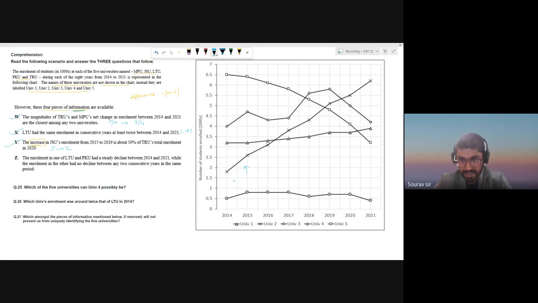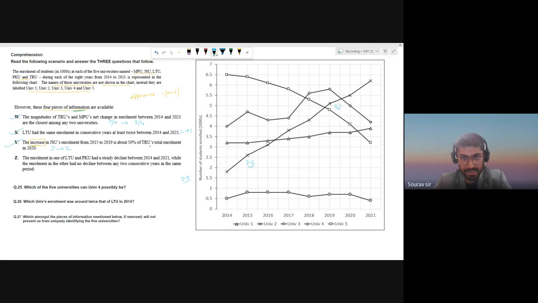Okay, now let us check what was their enrollment in 2015. So their enrollment in 2015 was 2.6-ish. And what was the enrollment in 2019? In 2019, it was 5.1-ish. So increase was 2.5. 2.5 is the increase, right?